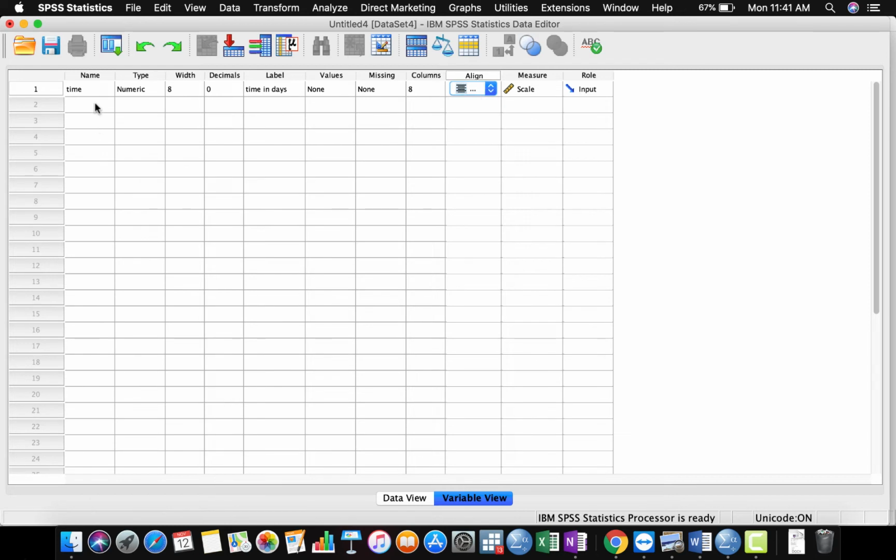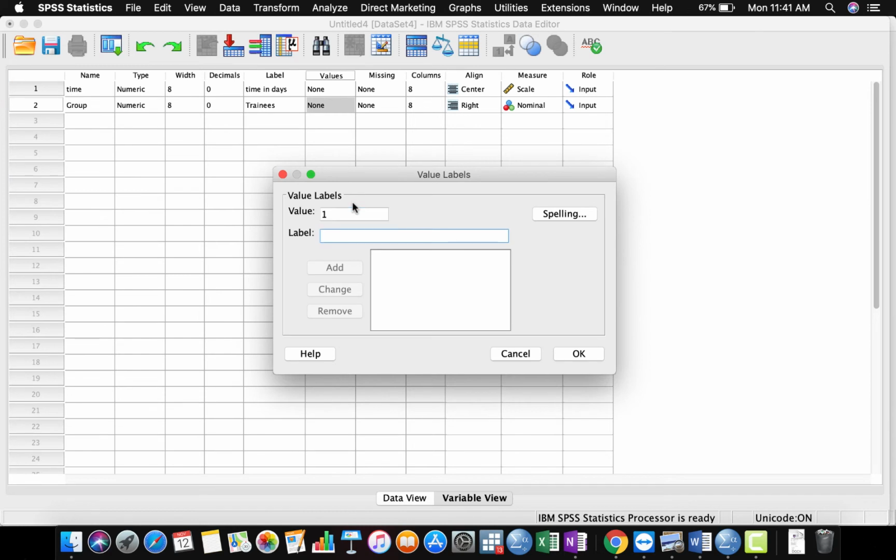And this is group, also with no decimal point. The group should be nominal, and this is trainees, right? The value is 1 for beginner, 2 for intermediate, and 3 for advanced.